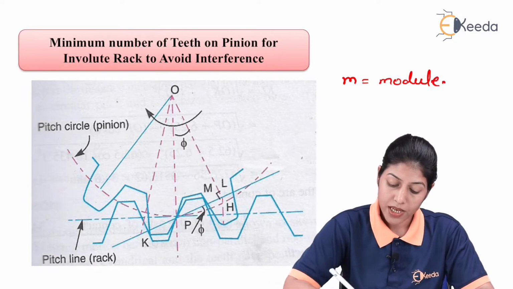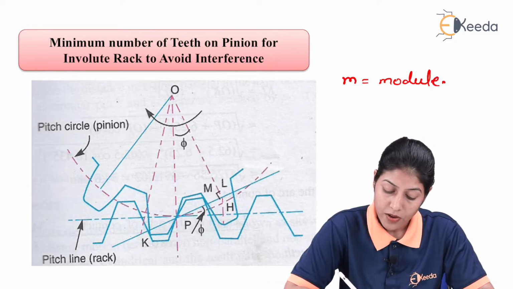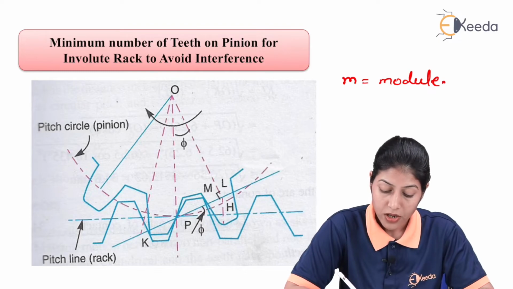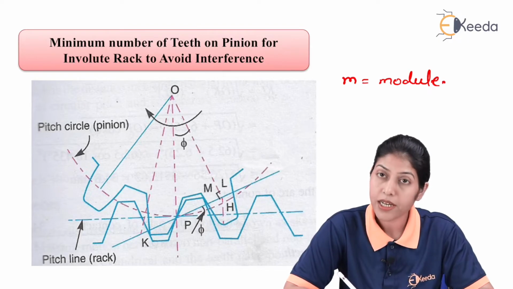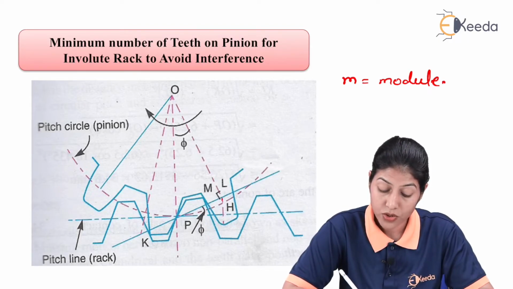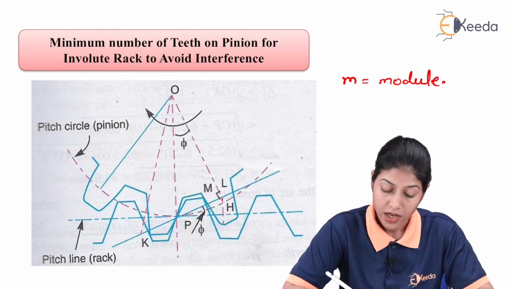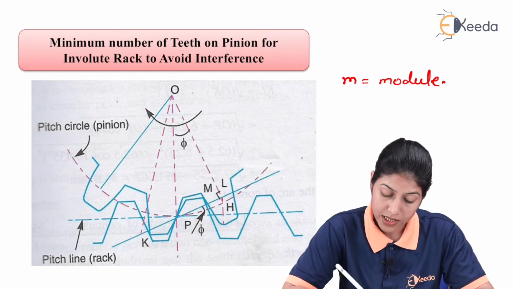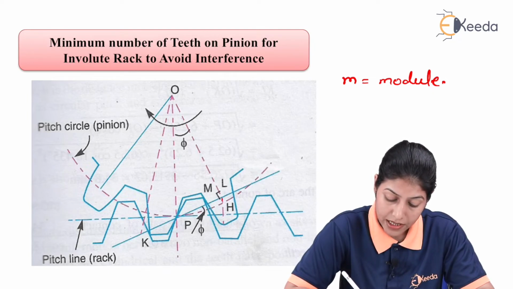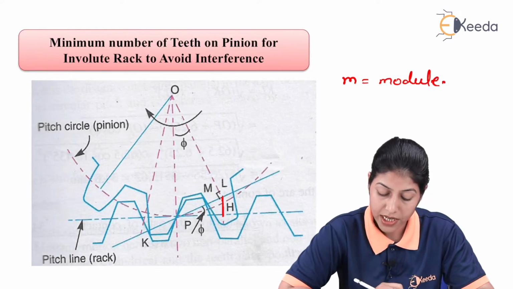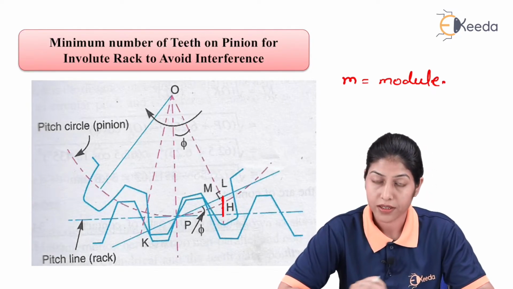Addendum is generally defined from the pitch circle to the addendum circle, but here there is no radius and no diameter for the rack, so only a straight line we will consider. So this LH is represented as the addendum of the rack.